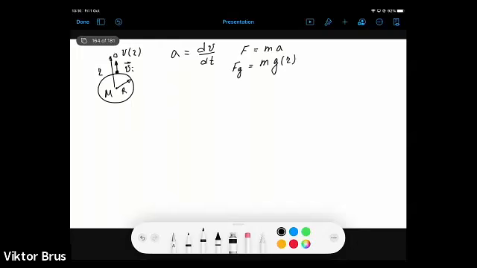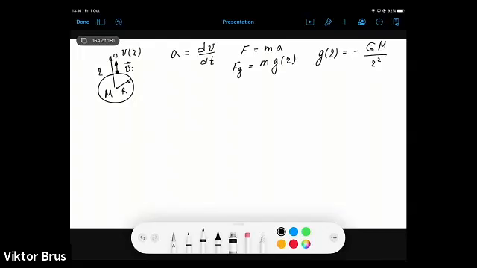As we discussed earlier, it is a function of distance from the center of the planet. So we can write for g that it's equal to minus G, the gravitational constant, times the mass of the planet divided by r squared, the square of the distance from the place where the projectile is to the center of the planet.